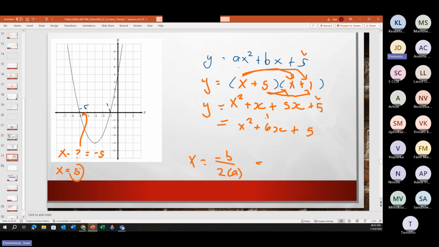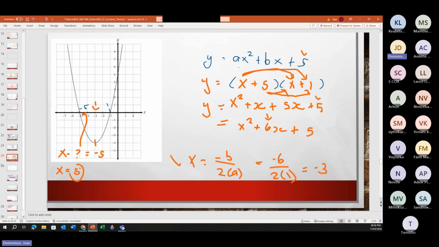So b is 6, so minus b over 2a, a is 1, so minus 6 divided by 2 is minus 3. Okay, turning point is at minus 3. So we have checked it against one of the formulas, and it works.